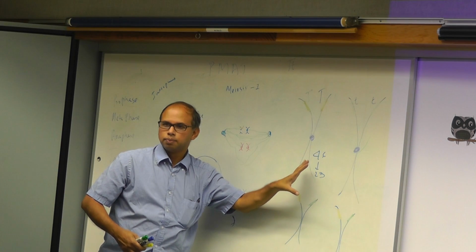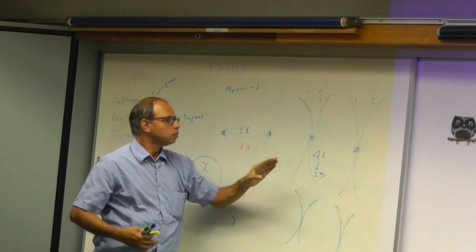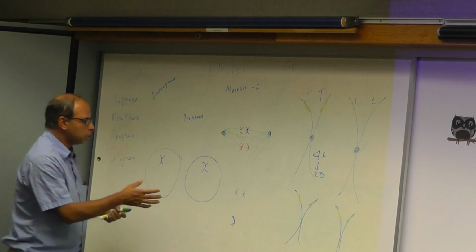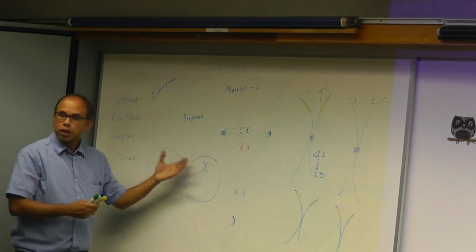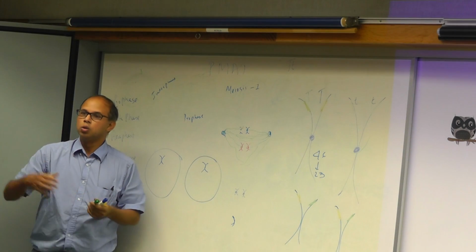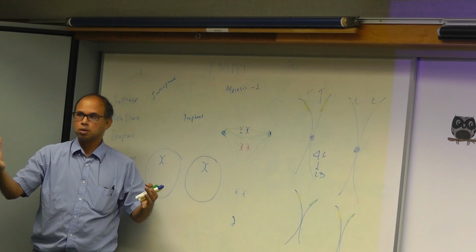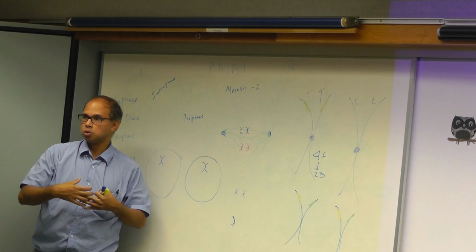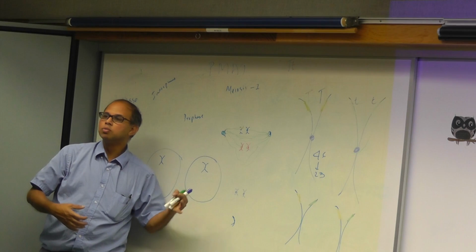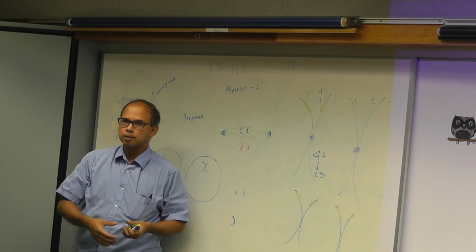What does that mean? It basically means that out of the 46 chromosomes, you'll have one gamete coming from one of your parents which has 23 chromosomes. You'll get another gamete coming from another of your parents which has 23 chromosomes. And that's how you get the 46 chromosomes, right? So that means half of your genetic material comes from one parent and the other half comes from the other parent.